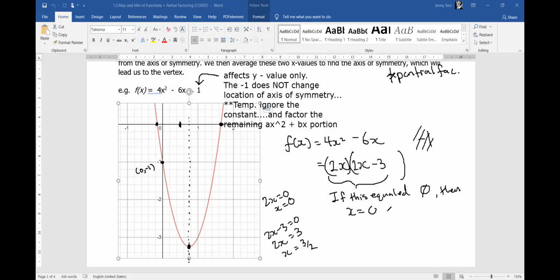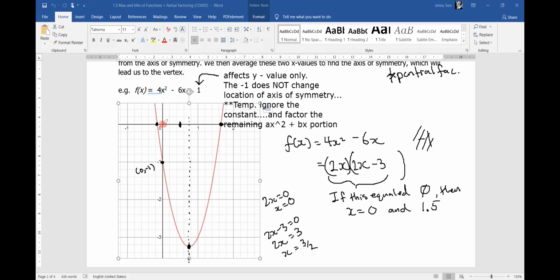So, 0, I'll just do 1.5. Okay? If this entire function equals 0, then I would have x equals 0 and x equals 1.5. This is where the interesting part starts.